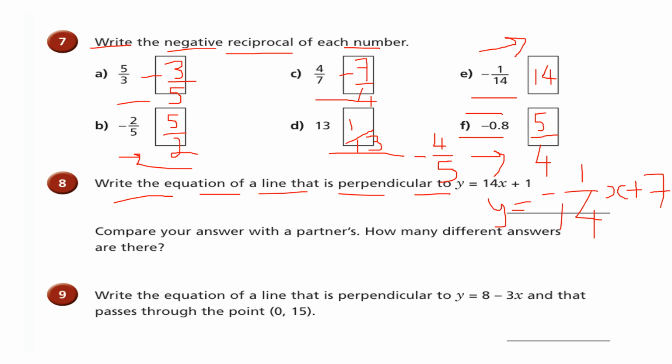It's best to choose a different c value. You compare your answer with your partners, how many different answers are there? There are actually infinite answers.